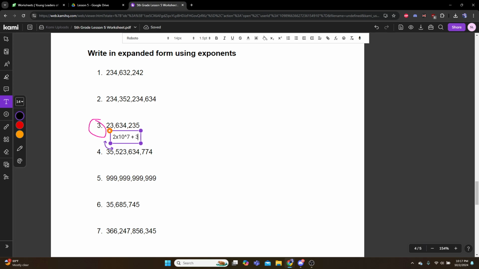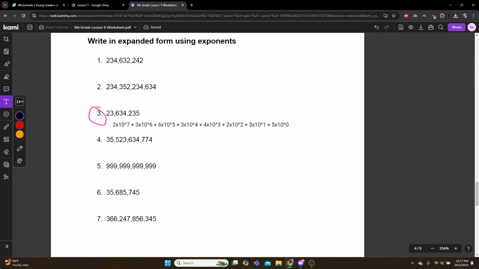So plus 3 times 10 to the 6th, repeat the process, 6 times 10 to the 5th, plus 3 times 10 to the 4th, plus 4 times 10 to the 3rd, 2 times 10 to the 2, plus 3 times 10 to the 1, plus 5 times 10 to the 0. And that's it.